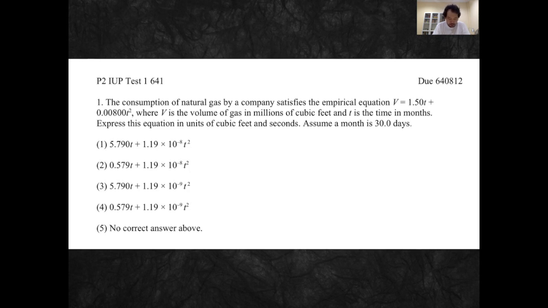In the test number 1, the problem is: the consumption of natural gas by a company satisfies the empirical equation V equal to 1.5 t plus 0.008 t square, where V is the volume of gas in millions of cubic feet and t is the time in months.